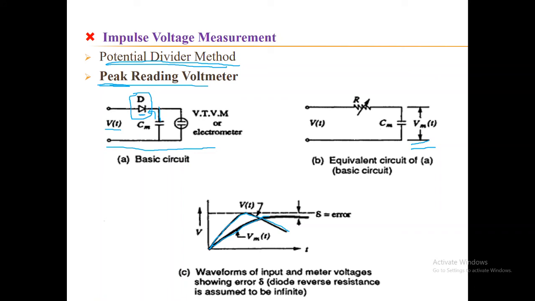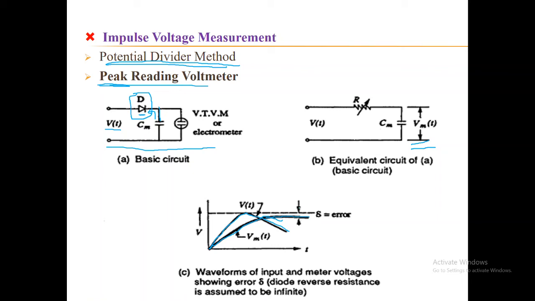During this condition, the diode D is reverse biased and acts as an open switch. As a result, if the load is not connected, the capacitor will remain in a charged condition, so the voltage across it will now become a constant value.